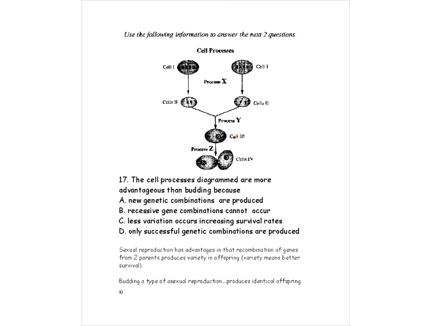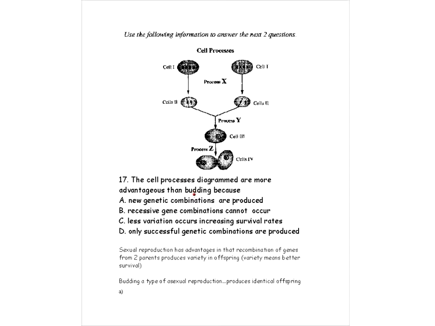And it's saying that these cell processes are more advantageous than budding. Budding we know is a type of asexual reproduction, used by yeast cells to reproduce. So overall, we're looking at why sexual reproduction is more advantageous than asexual reproduction.